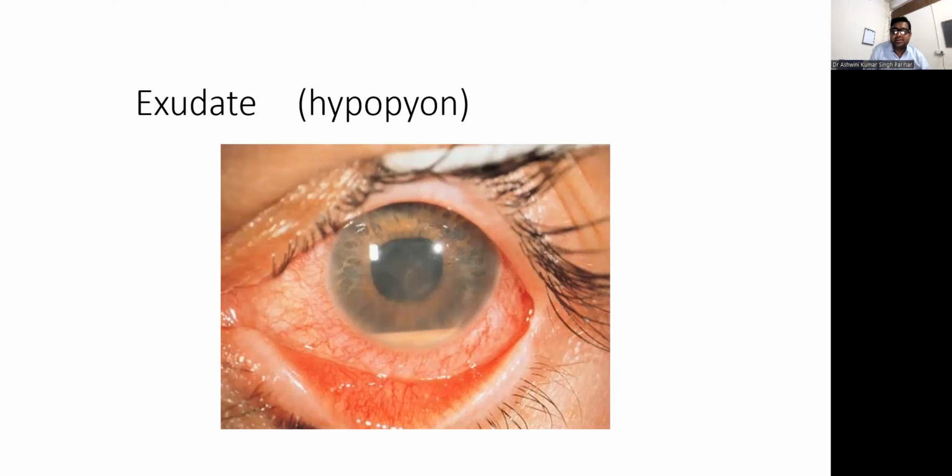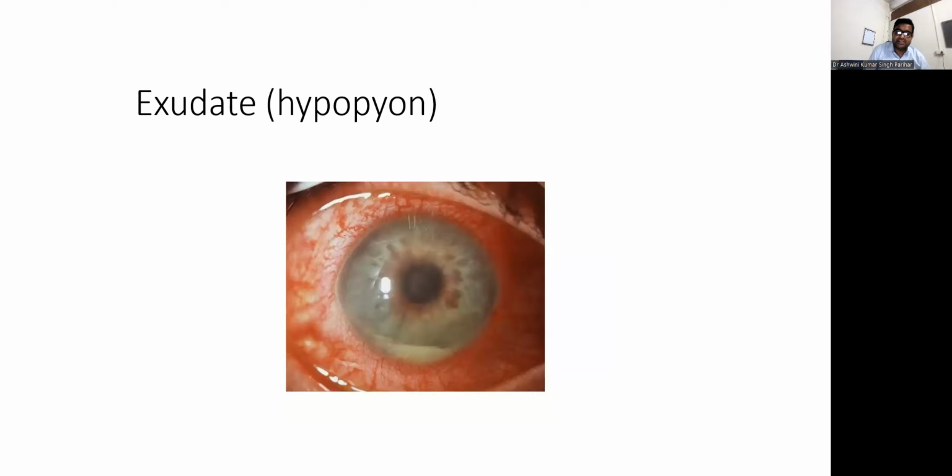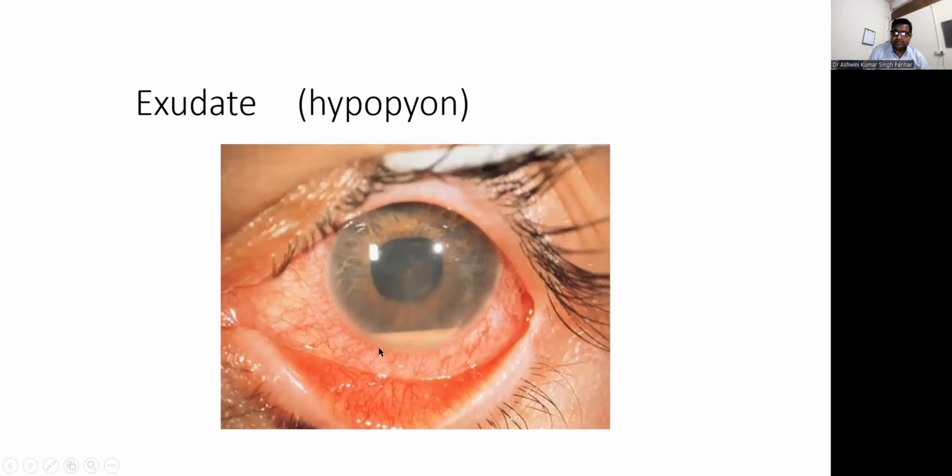Hypopyon basically means collection of pus in the anterior chamber. This is another picture showing the hypopyon. You can see the well-marked hypopyon in the anterior chamber.